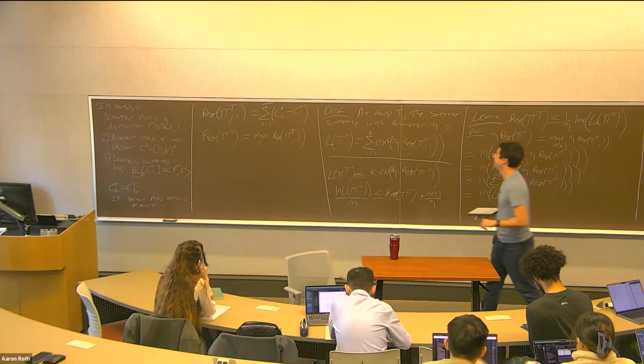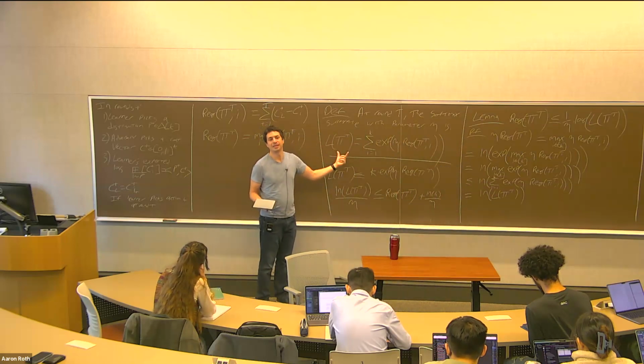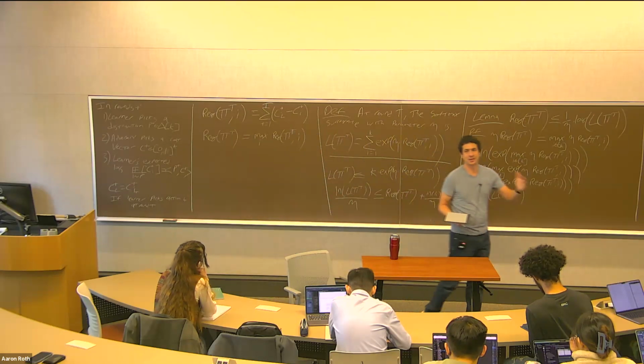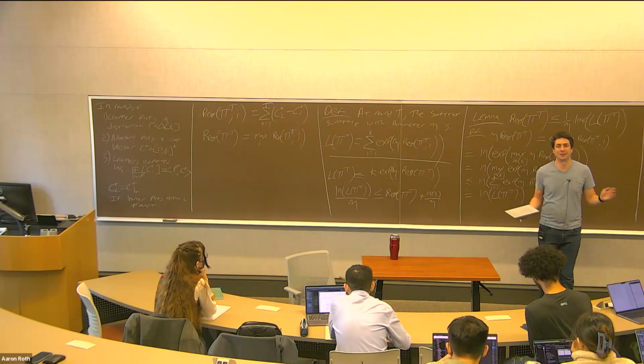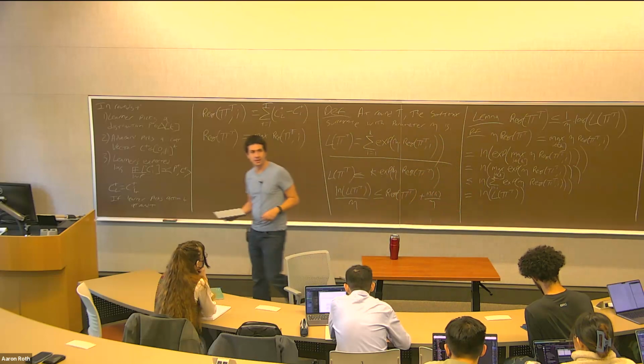If I can guarantee that at every round the expected increase in my surrogate loss is small, then just by iterating this argument over each of the rounds, my overall surrogate loss will be small in expectation. If it never increases by much, it can't grow very large.